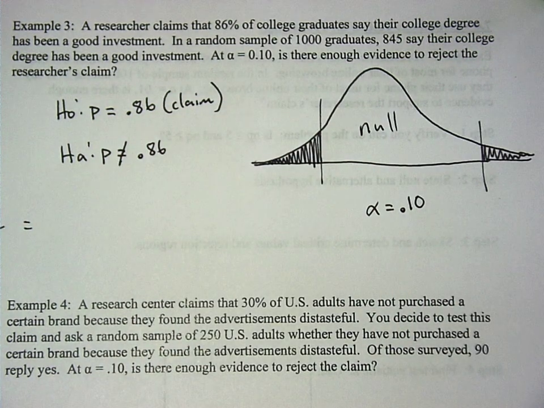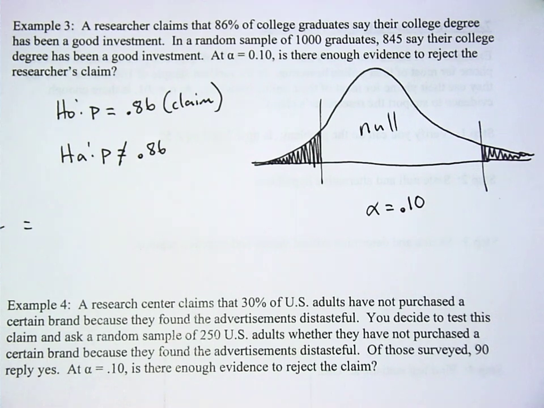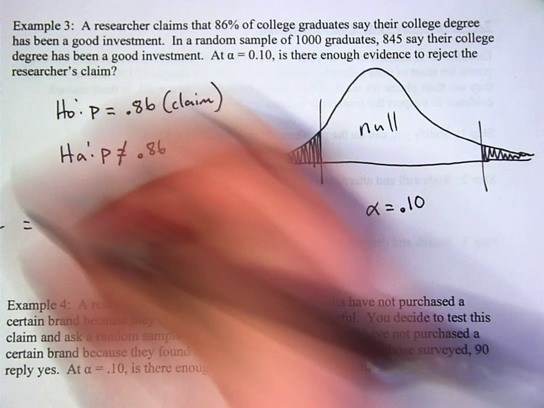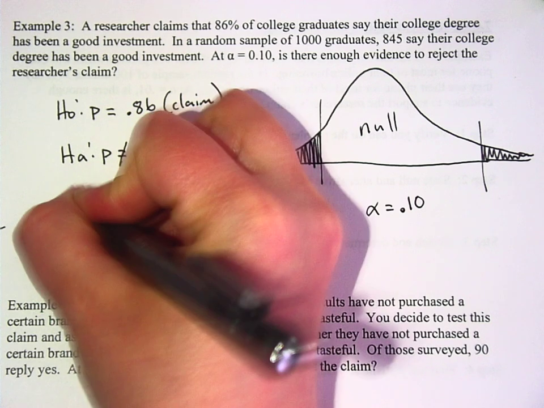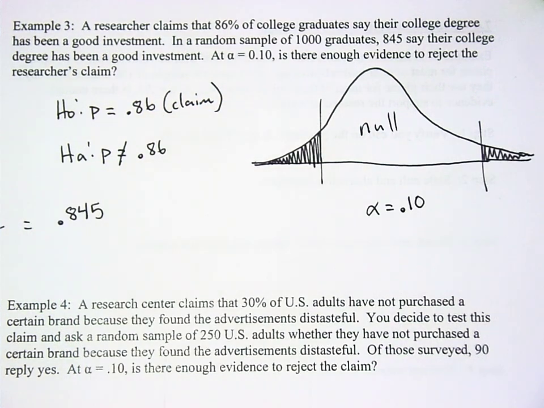So what is p hat? 845 out of 1,000, which is 0.845. Wait, how did you get that? Because it's divided by 1,000.